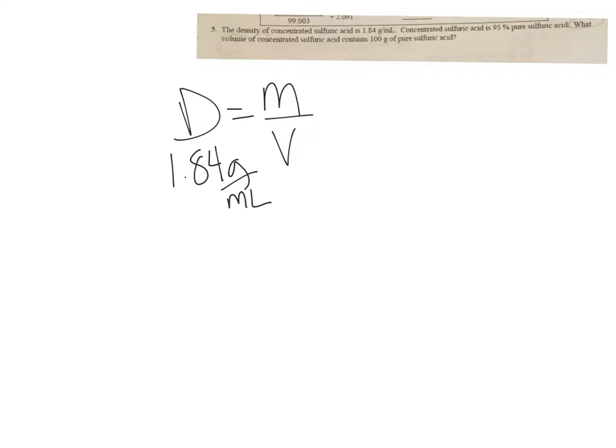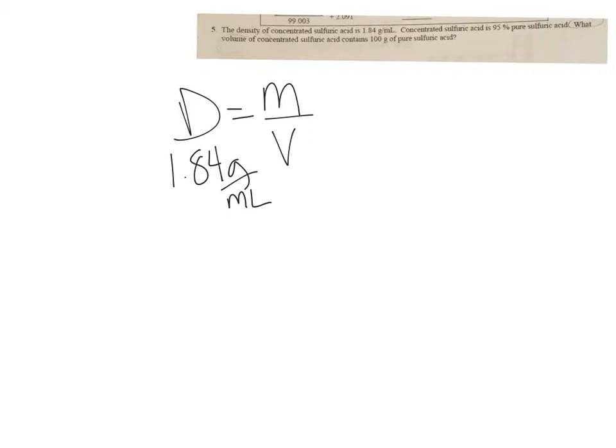So when they say that, they're saying that this grams per milliliter, they only want 95% of that 1.84. Okay, and that's actually how much pure sulfuric acid is needed when we talk about concentrated sulfuric acid in the lab. So what volume of concentrated sulfuric acid contains 100 grams of pure sulfuric acid?